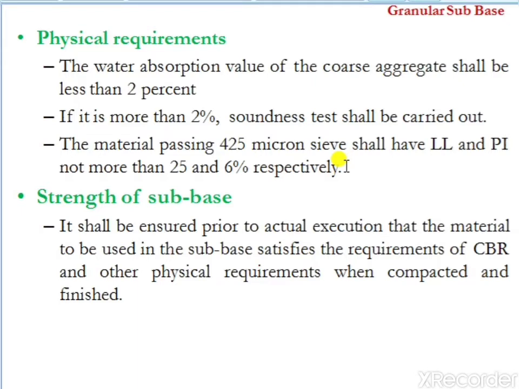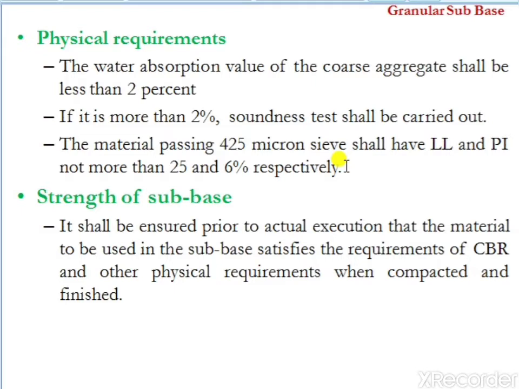So here the coarse aggregates which are used in the construction of subbase or subgrade should have a water absorbing capacity of less than 2%, and this is determined by taking the weight of dry aggregate. After knowing the weight of dry aggregate, the coarse aggregate is kept in water for 24 hours, and after 24 hours the aggregates are removed from the water and kept in open air under room temperature for 30 minutes.